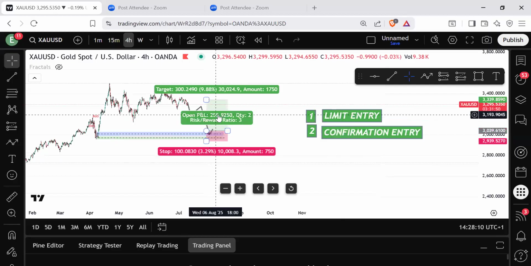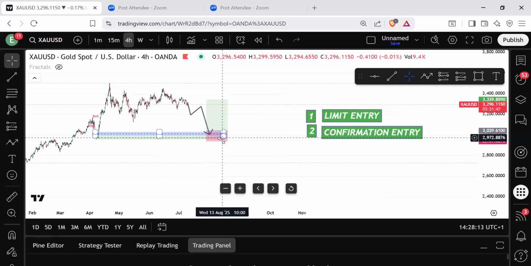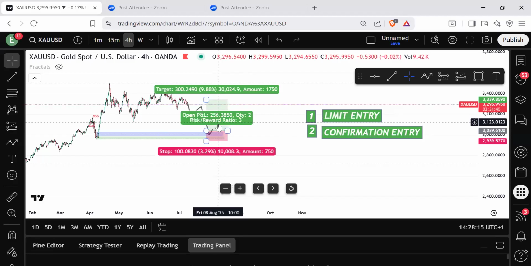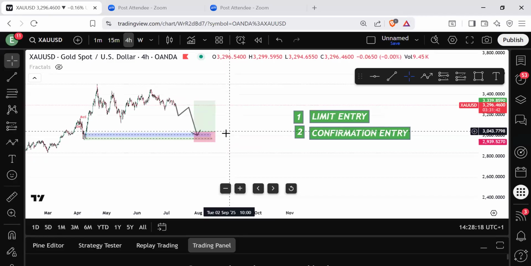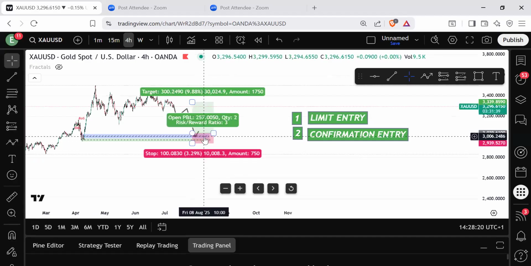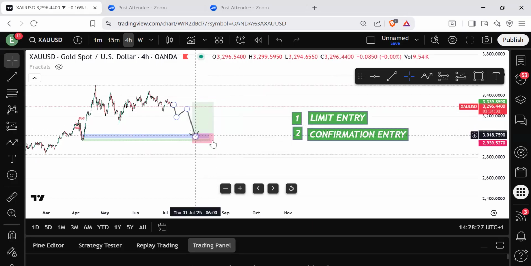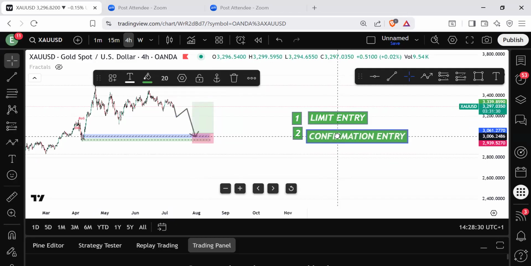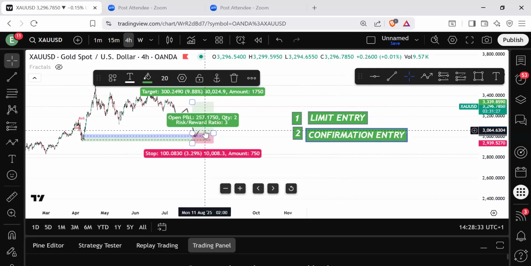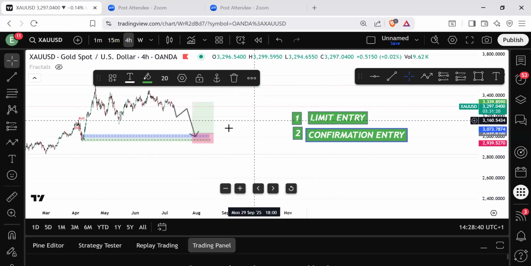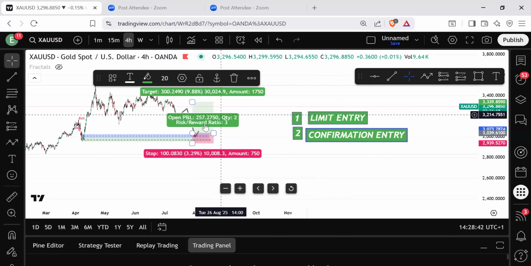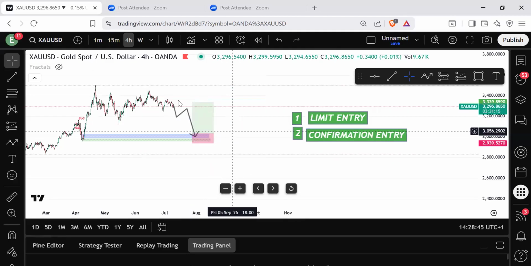So, for example, if risk to reward is 1 to 3, you risk $1,000, you can get three times. Or if you do confirmation entry, that $1,000 you can use it to get like 3 times what you would have gotten with the higher time frame. Okay.